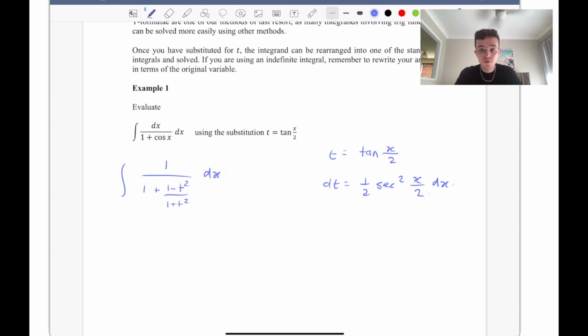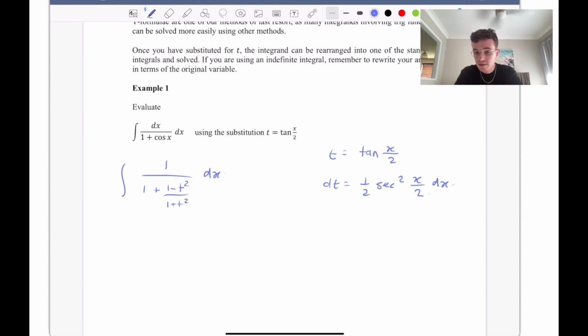Now there's a big problem with that because we don't have any trigonometric functions left in the integral, but our dt to dx thing does. So we need to use our t formula to simplify this. Now there's a number of different ways of using the t formula here. You could realise that sec is 1 on cos, so this is going to be 1 over 1 minus t squared on 1 plus t squared, all squared.